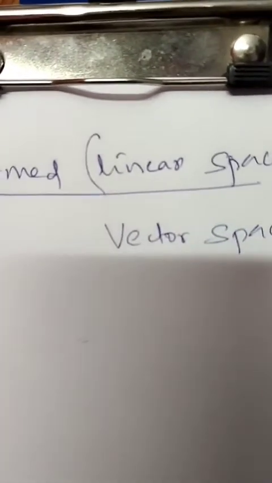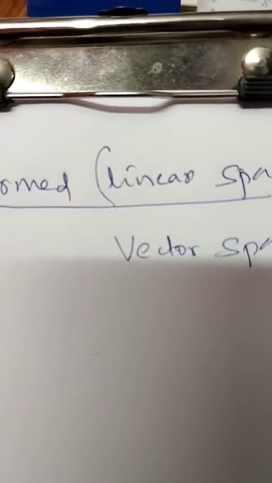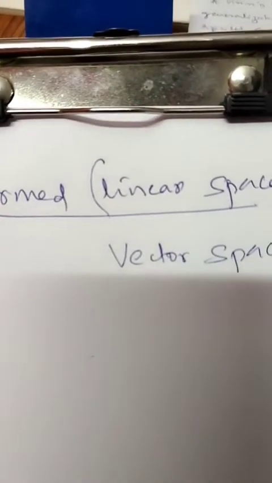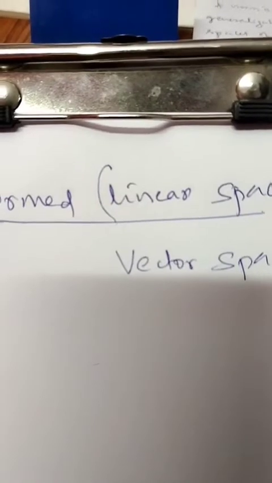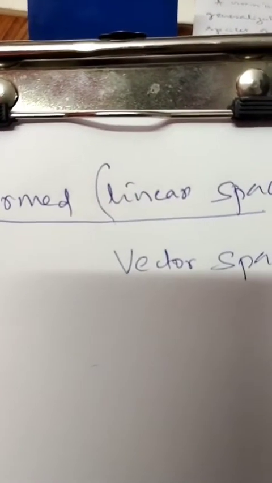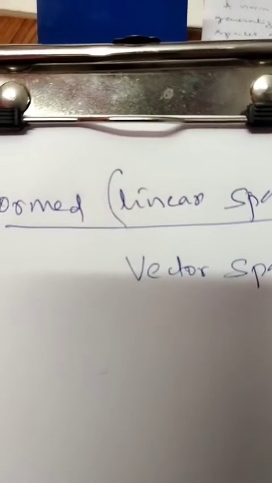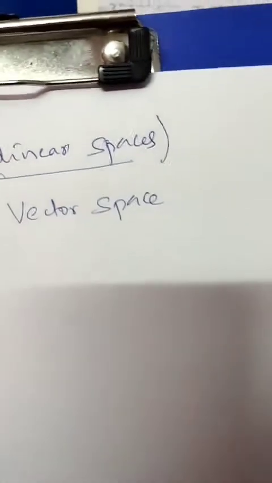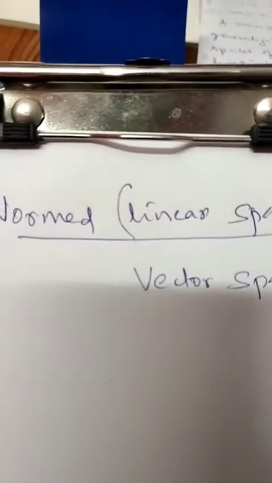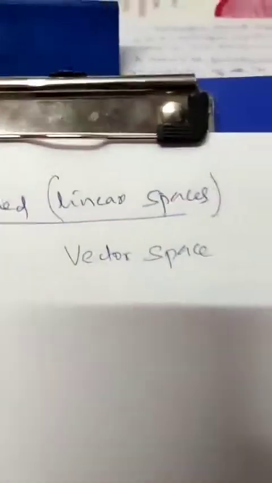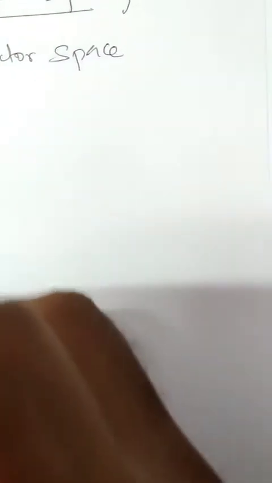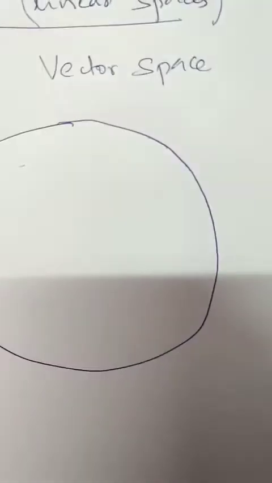So the norm is a formalization, a generalization, of the intuitive notion of length to a real vector space. A norm is a real valued function defined on the vector space. If you look at the hierarchy of mathematical spaces, first there is a very big space, the topological space.